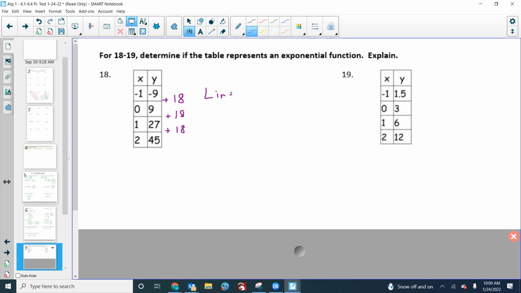The question said, determine if the table represents an exponential function. No, because it's not exponential, it's linear. Constant change in y. Now, there's also a constant change in x. Do you agree? Yeah.